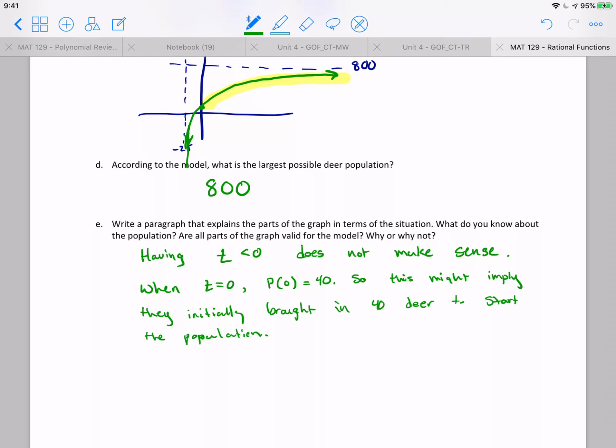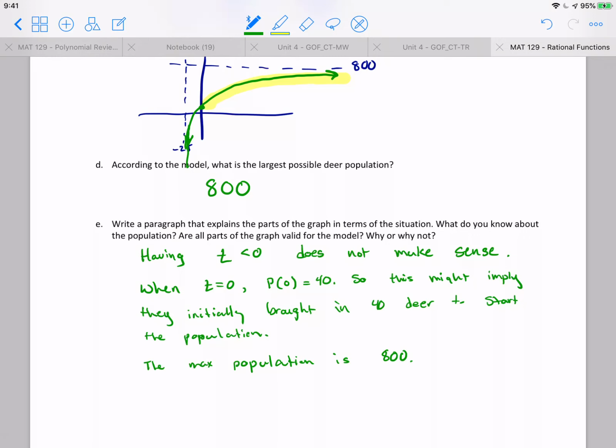And then, of course, we already mentioned this, but the max population is 800. Which, fancy talk, in models like this we call the carrying capacity.